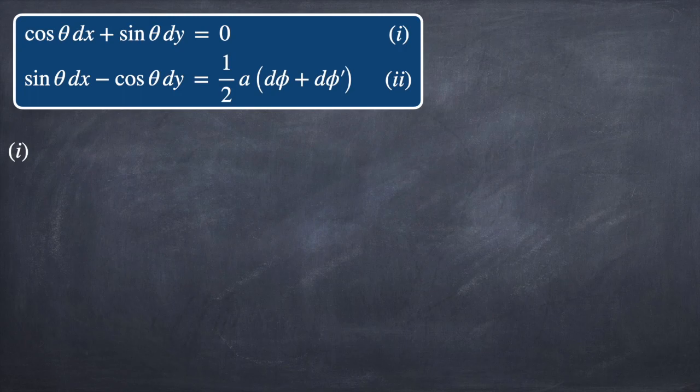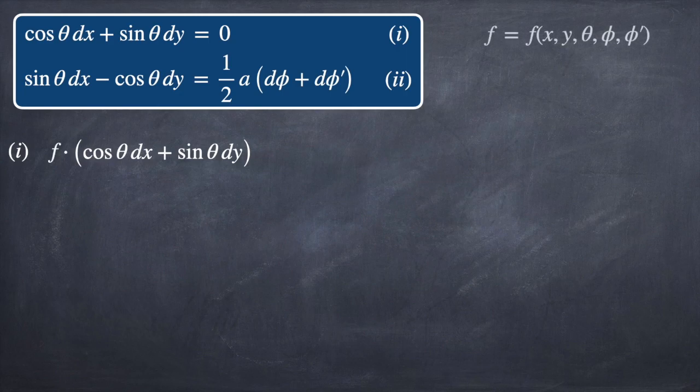What about these two differential equations? Let's start with this one. So we're going to multiply that by f, which is part of the method to find an integrating function, if there is an integrating function.